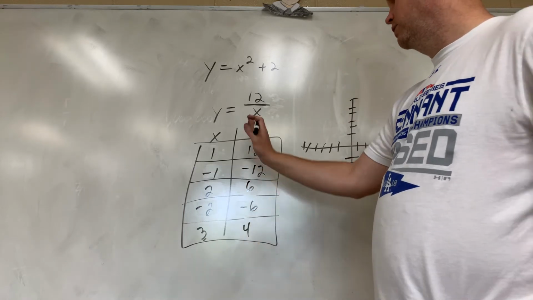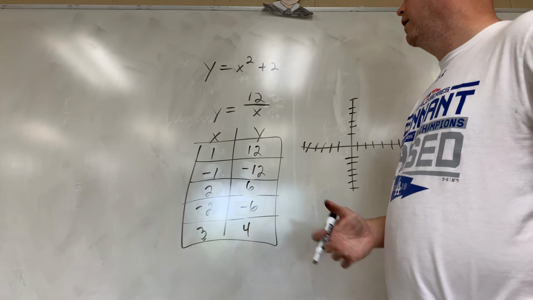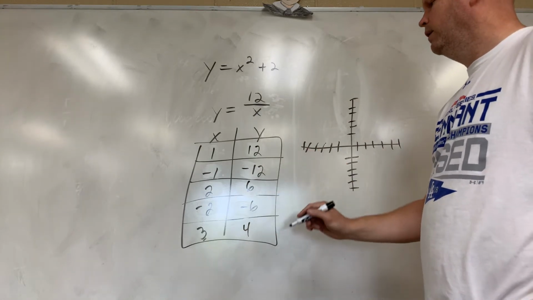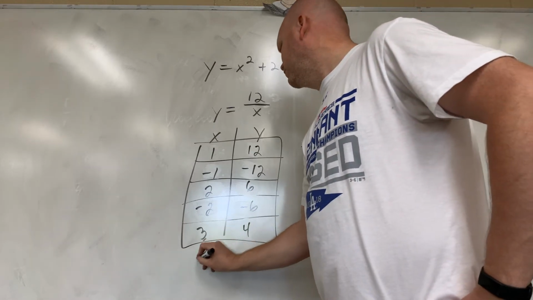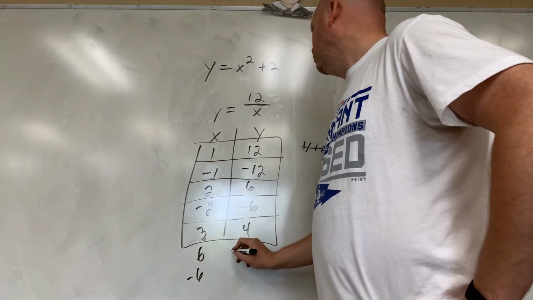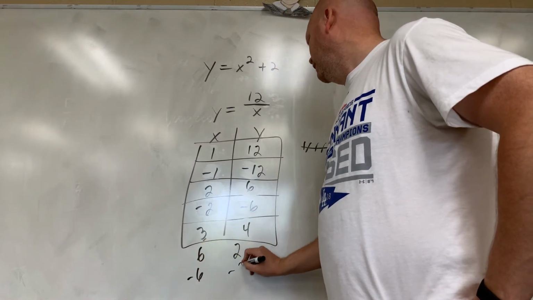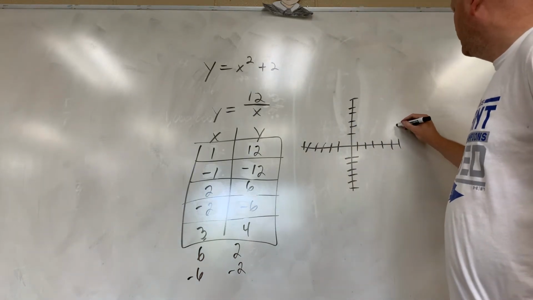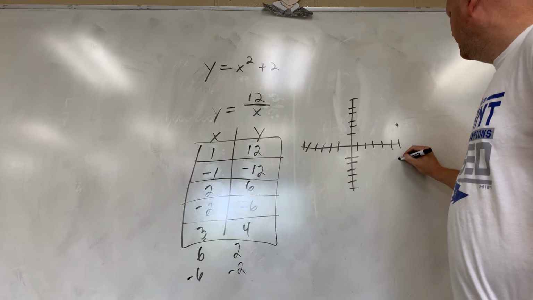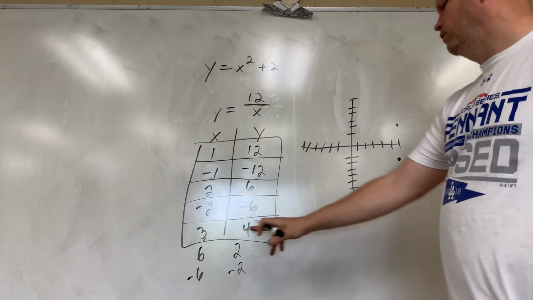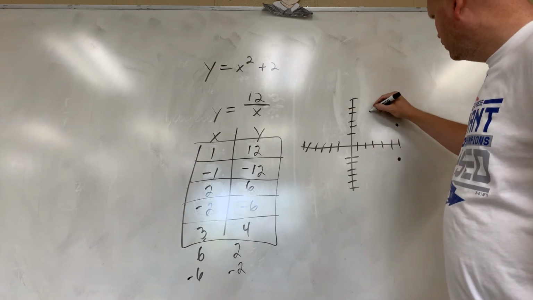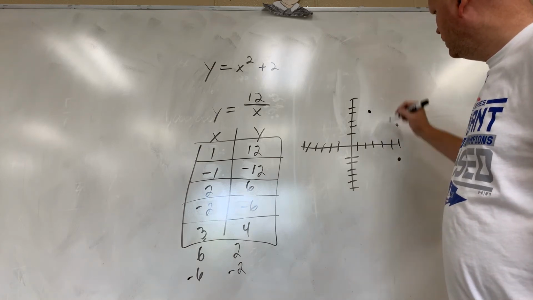And in this case, we probably wanted to make it higher numbers like 6, 12, things like that. So if we made it 6, we could make it 6 and -6. We'd get 2 and -2. So when we graphed it, 6, 2 would be here, and 6, -2 would be down here. And then if we did 3 and -3, we'd get 3, 4, which would be up here.